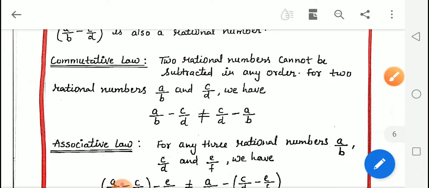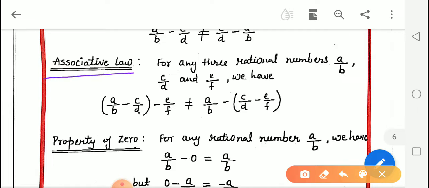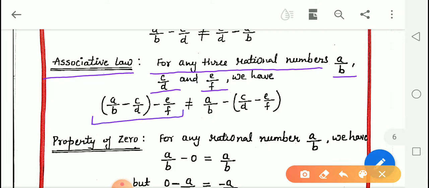Now the associative law. This law is also not valid for subtraction of rational numbers. It says that for any three rational numbers a upon b, c upon d, e upon f, see what we are doing in the associative law. We are doing the grouping.